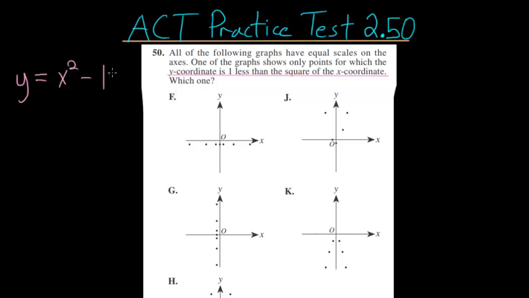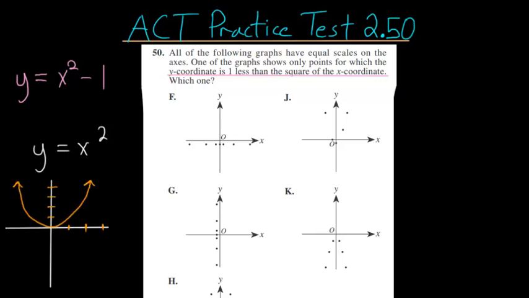And at this point, we just have to learn how to graph this. Now, if you were to graph simply y equals x squared, let me draw a quick sketch of what that would look like. So I claim that this graph represents this equation. And if you have a graphing calculator, you can just check it on there. But you can also check it by just plugging in numbers.